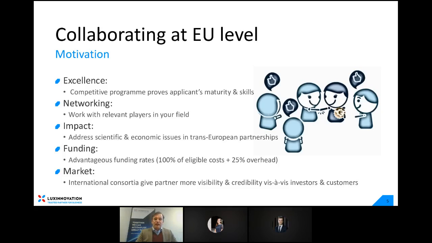You have advantageous funding rates. You can get up to 100% of your eligible costs with the overhead as well. And yes, for private players, the fact that you are participating into international consortia will give you more visibility and credibility towards investors and customers.